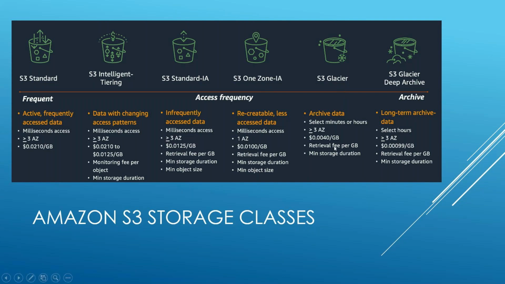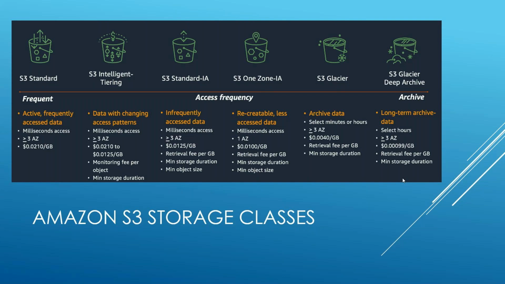It has a low storage cost, see here, 0.000040 per GB, and the object retrieval time is from a few minutes to hours. It is charged based on the object size and the requests.